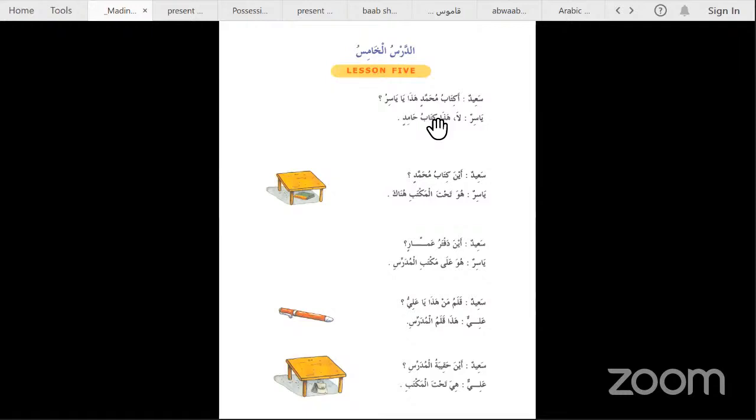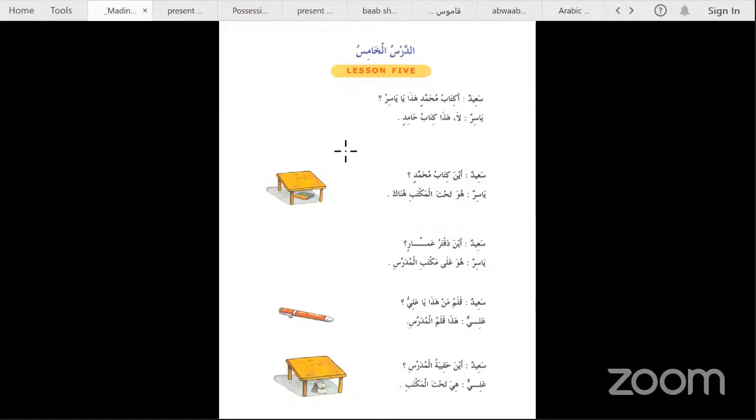So lesson number 5, let me start. Ad-darsul khamisu, the 5th lesson. All of this lesson is about teaching you a new concept called mudaf and mudaf ilayh. In English it's called the annexed noun.